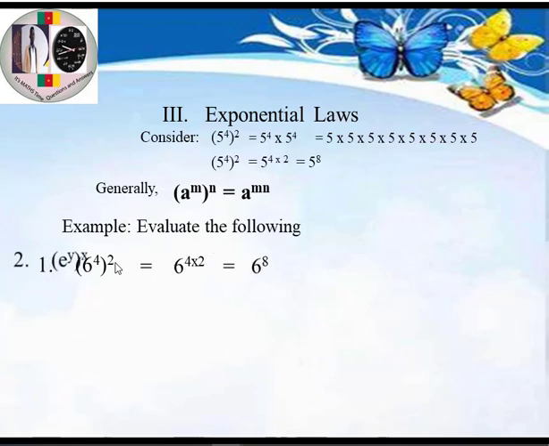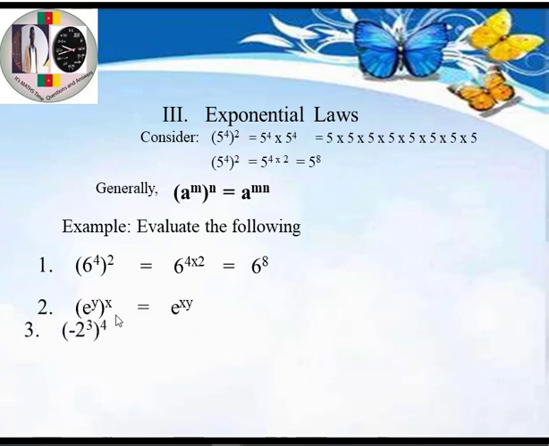Okay, the next example is e power y all that power x. Again, nothing has changed, we just have variables in this case. So e is raised to the power y, which is an index number, and that index number is raised to another power x. So we are simply going to have an index number e power y times x, so e power xy.